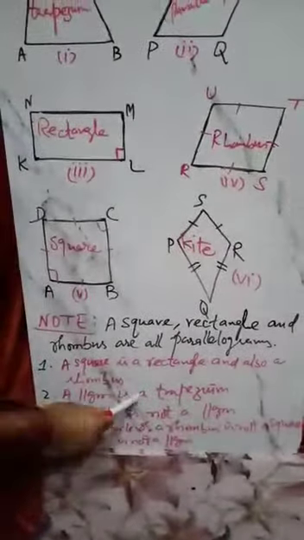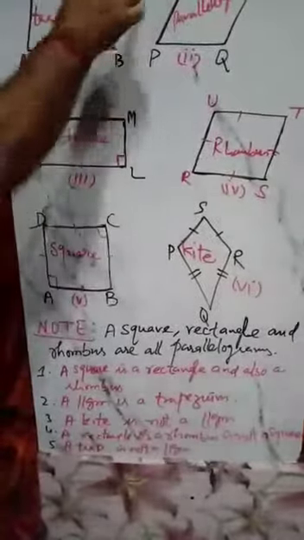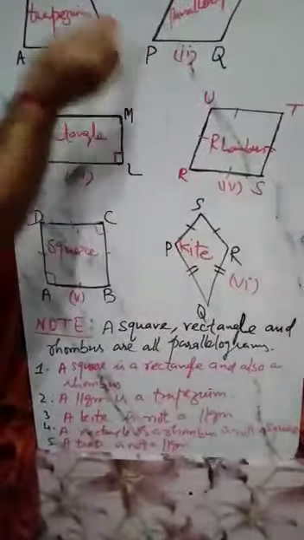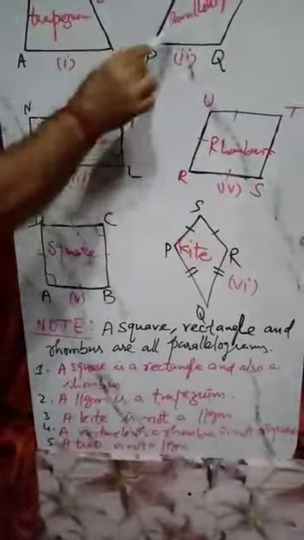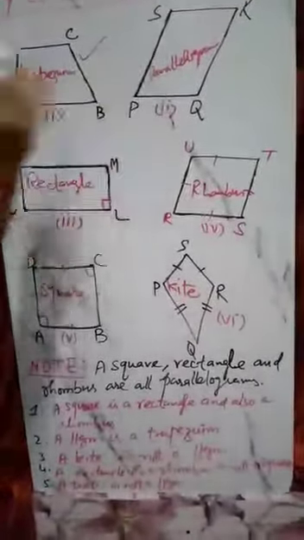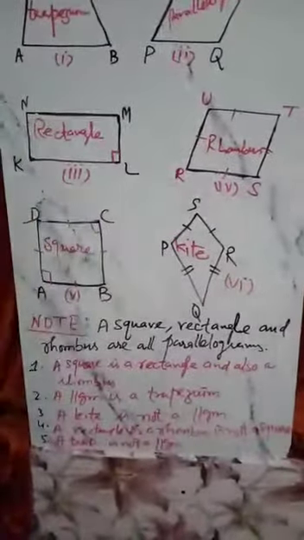A parallelogram is a trapezium. A parallelogram is also a trapezium because one pair of sides is parallel. But a trapezium is not a parallelogram, because a parallelogram must have both pairs of opposite sides parallel. And one more, a kite is not a parallelogram.